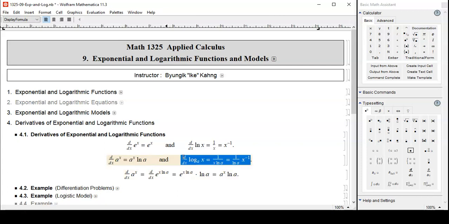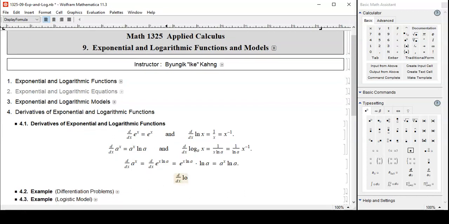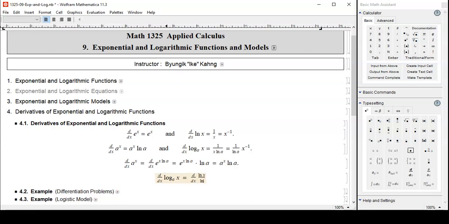And then how about this formula here? Log base a of x. Oops, log base a of x is natural log of x over natural log of a by the change of base formula.